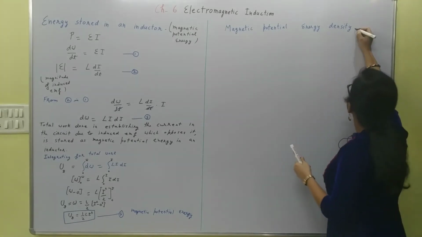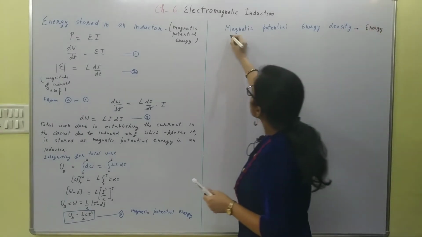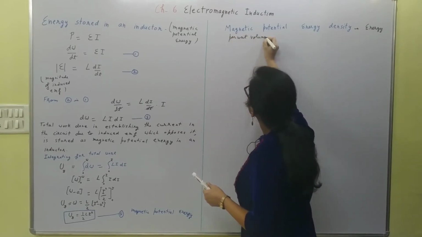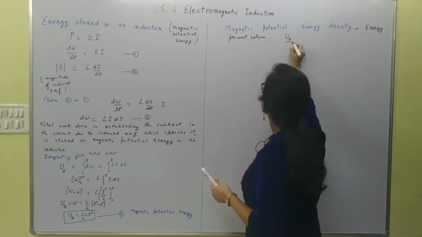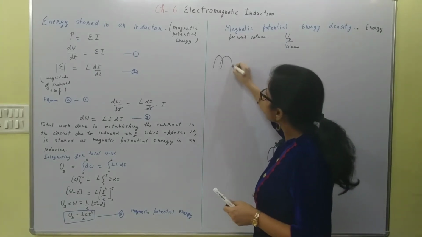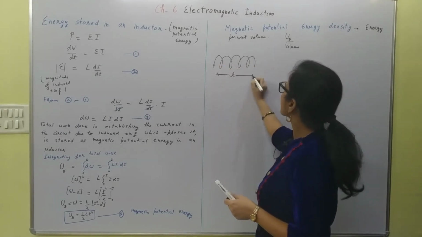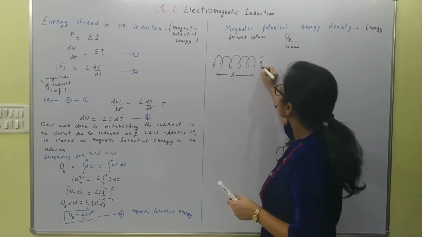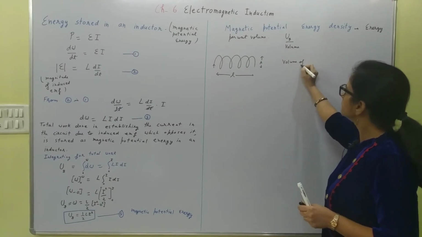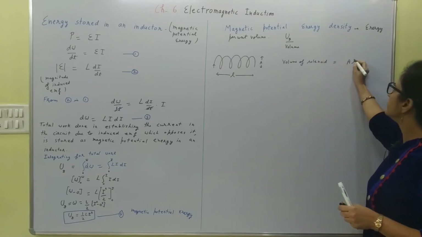So this energy upon volume, right? If we consider a solenoid whose length is this and area of cross section is this, what will be the volume? It's like a cylinder, so this can be written as A into L.